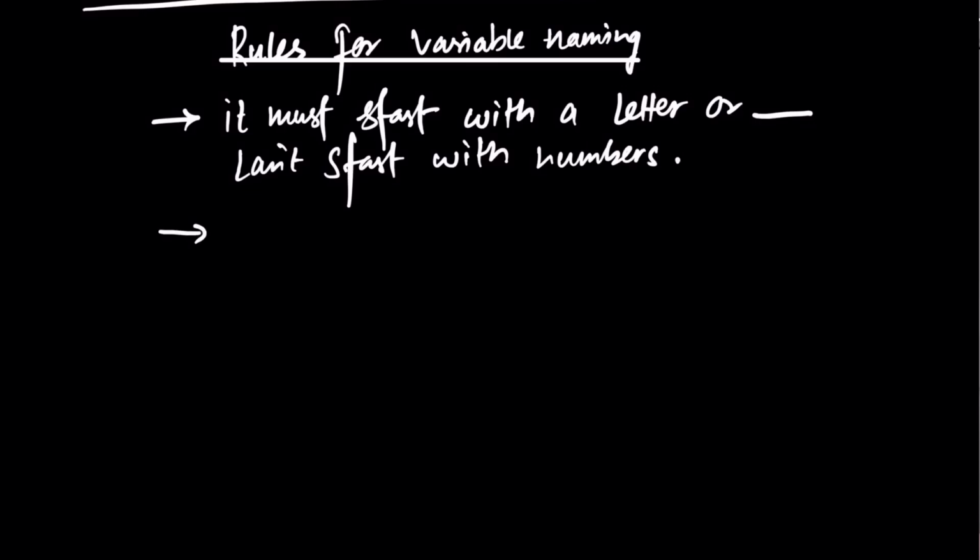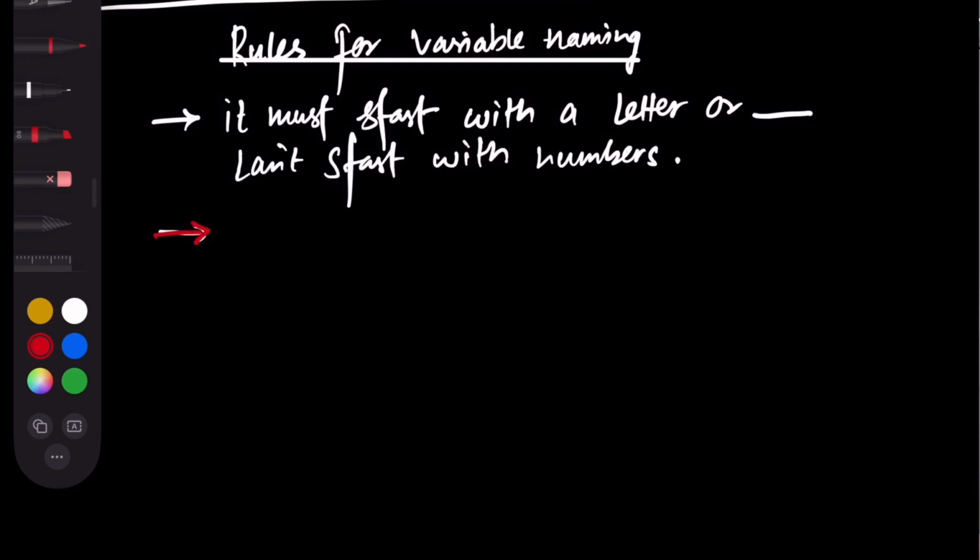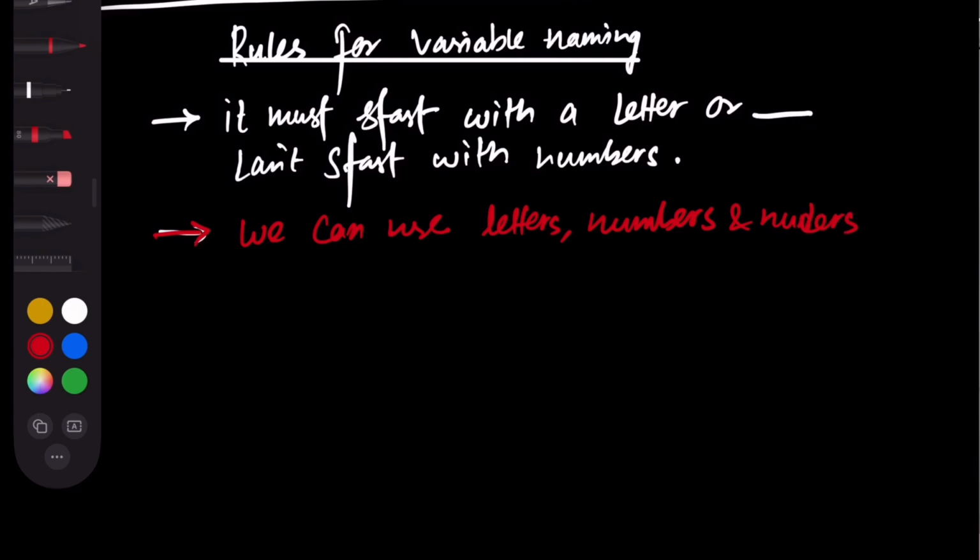So the second rule is we can use letters, numbers, and underscores, but as long as we are not using space.